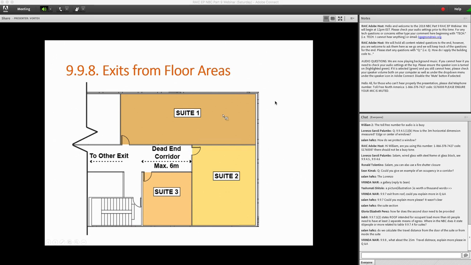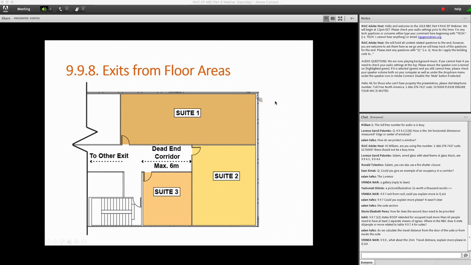Okay, now in measuring your travel distance, if you take suite 1 for instance, and let's say suite 1 is a group D occupancy, right? So the first thing is, in hindsight, we have just one egress door serving suite 1. So we need to check the area of suite 1 to be sure that it's not more than 200 square meters.